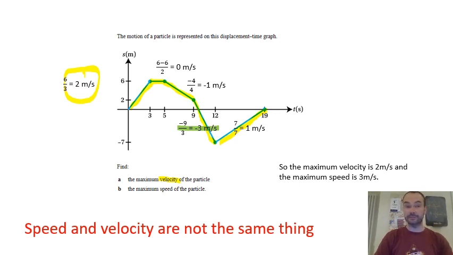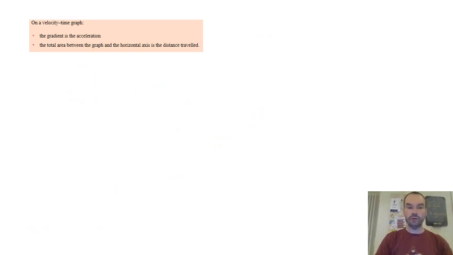Okay, the second sort of travel graphs we look at are the velocity time graphs. So the gradient is the acceleration as it was at GCSE, and the area between the graph and the horizontal axis is the distance travelled.